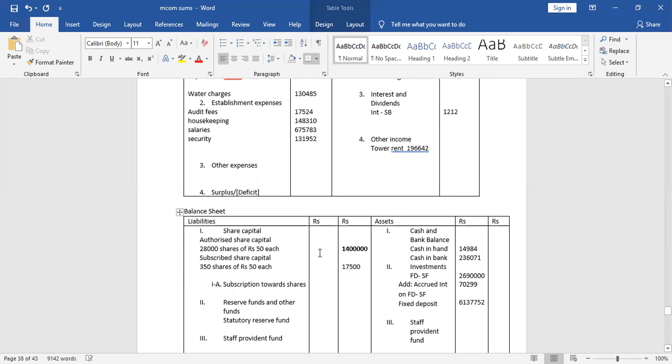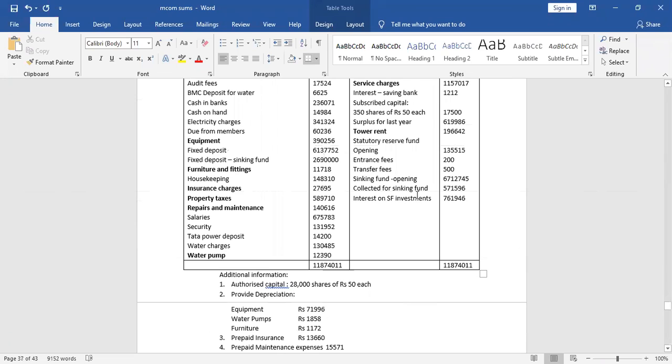Statutory reserve fund is, below this I have to write opening, then add entrance fees and add transfer fees. So opening is 135, 515, entrance is 200 and transfer is 500.